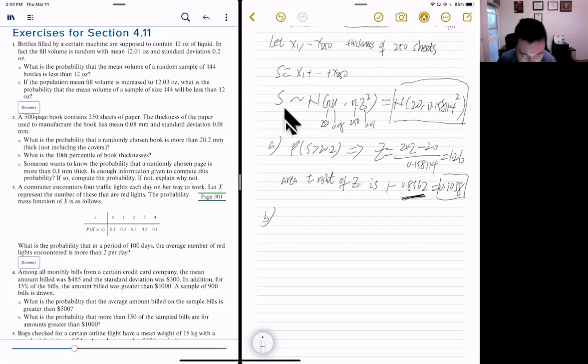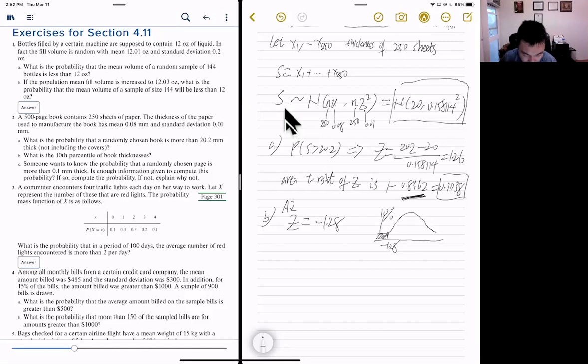That Z value is minus 1.28, which basically means that for the Z value of minus 1.28, the area is 10%.